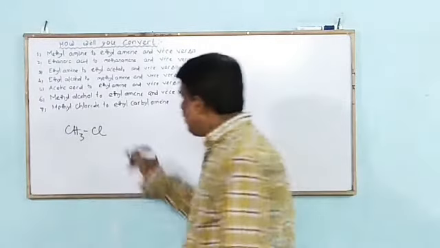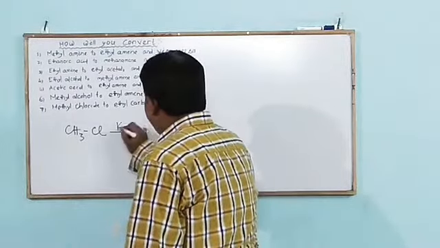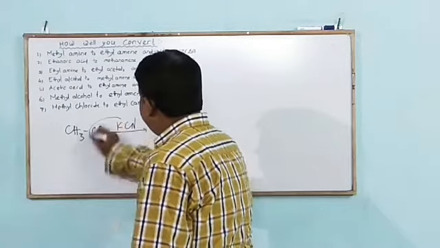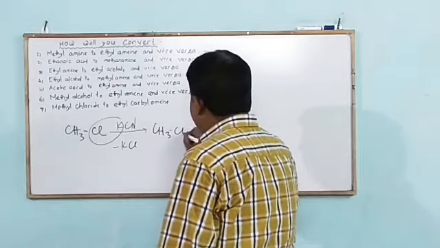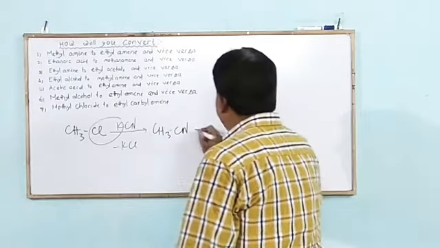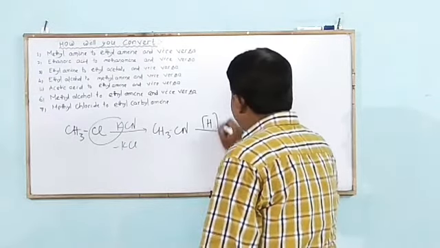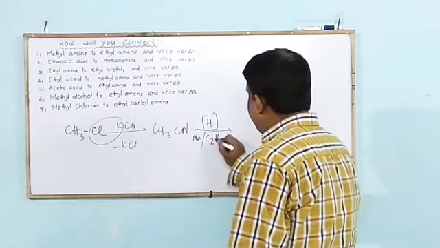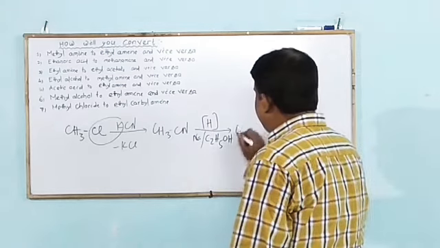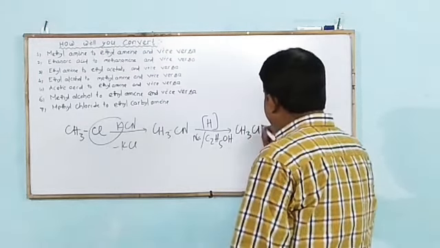Methyl chloride reacts with potassium cyanide, giving KCl and methyl cyanide. Methyl cyanide undergoes reduction in presence of lithium aluminum hydride or sodium/ethyl alcohol to form ethylamine.